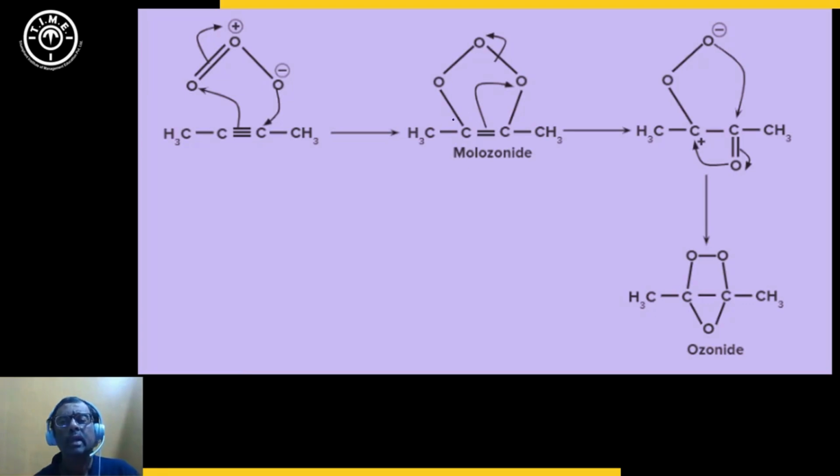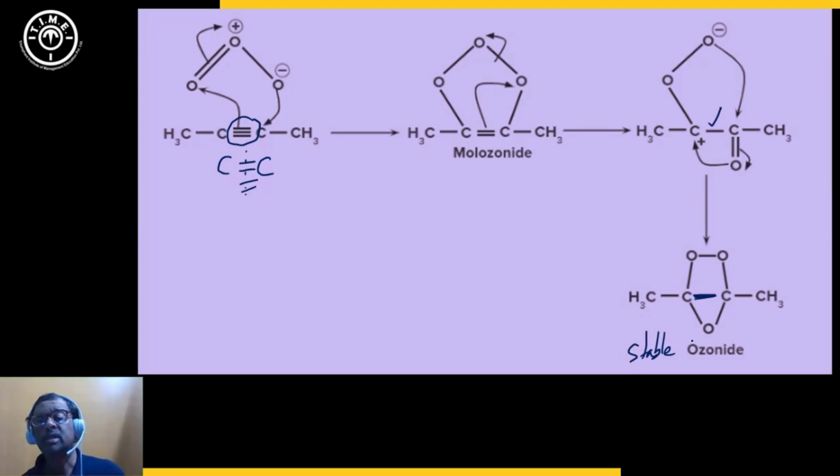The same thing. The only difference is that this bond will still exist. If it was a double bond, there would be no bond existing. Because it is a triple bond, one bond exists, and you get an ozonide, which is a stable ozonide. In alkene, you did not have this C single bond C. Now you have the C single bond C because you started out with a C triple bond C, not with a C double bond C. Clear?